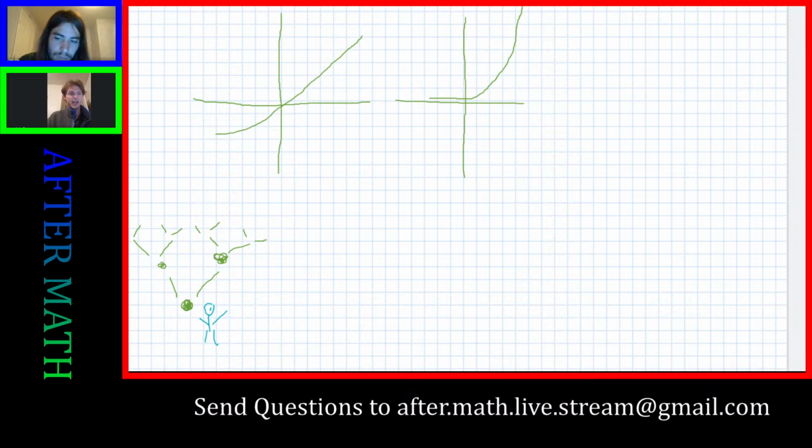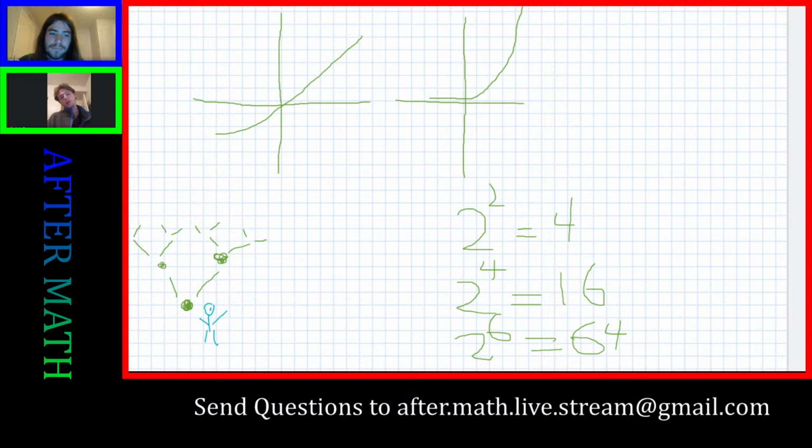So if we start with 2 and we double it, that'd be 2 squared, that equals 4. Then let's skip to cubed and go straight to 2 to the 4th. That looks like 16. And then 2 to the 6th, that is 64. And so on and so forth, right? We get this very rapid growth that happens just a lot quicker than you would imagine.